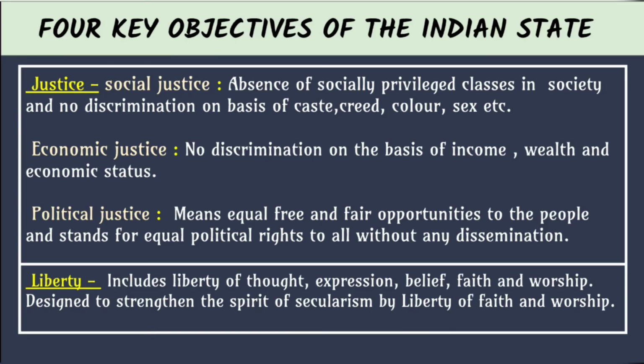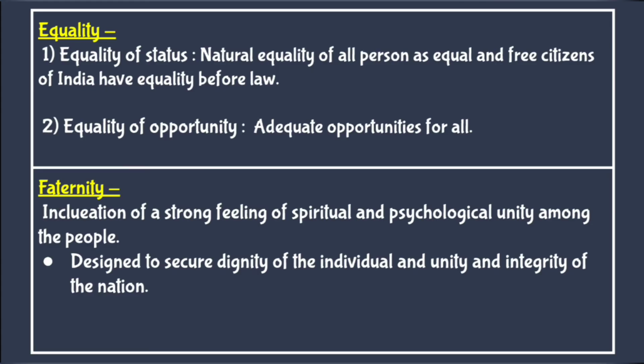Okay, liberty. Now equality is divided into equality of status and equality of opportunity. Equality of status says that there will be no difference between us, everyone is equal before law. And equality of opportunity says that adequate opportunities will be given to everyone. Okay, now fraternity means inculcation of a strong feeling of spiritual and psychological unity among the people.